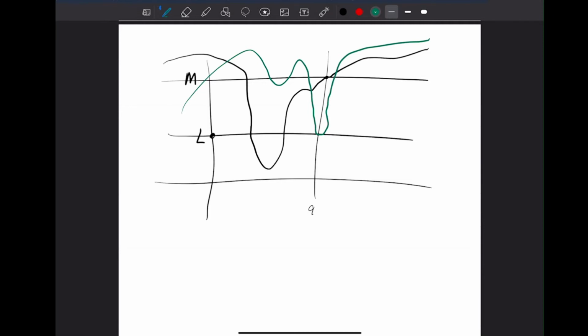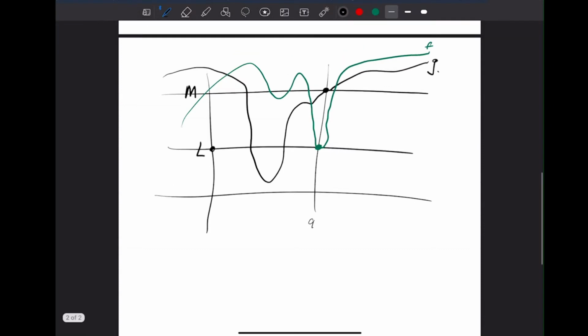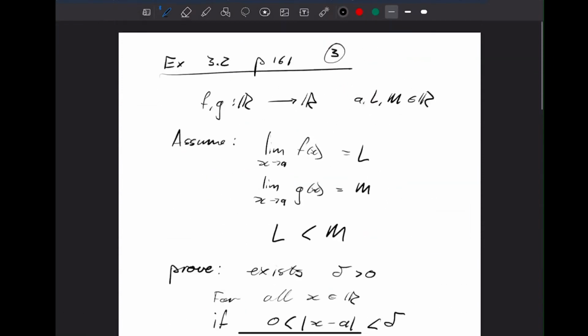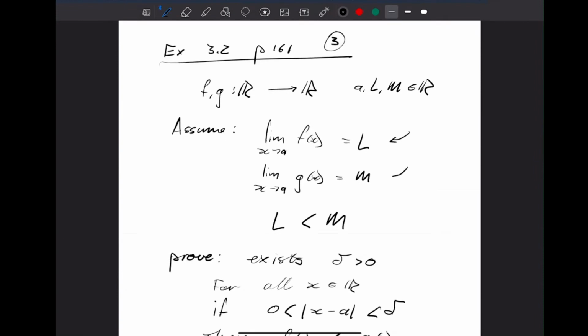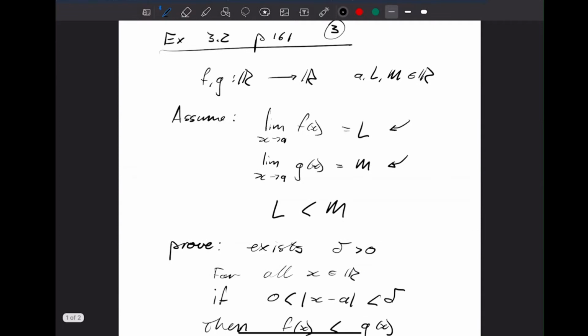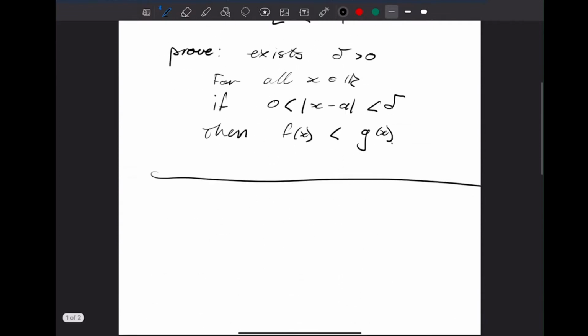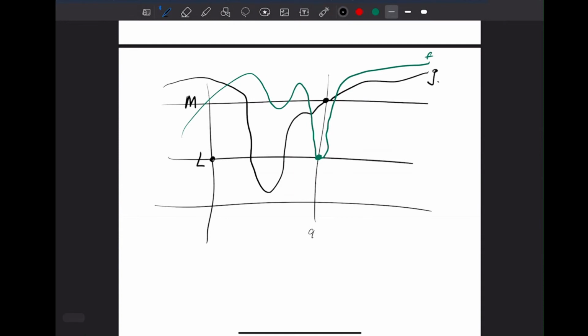So if this is f and that is g, let us just get an idea of what we can do. Let us look at our assumptions. So the limit as x tends to a of f is equal to L. The graph of f I have depicted as this green line.